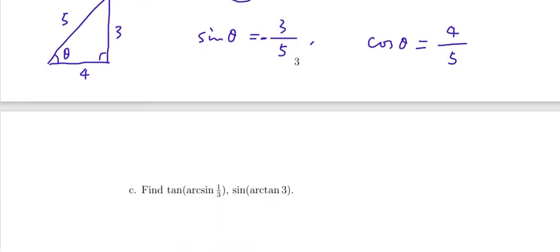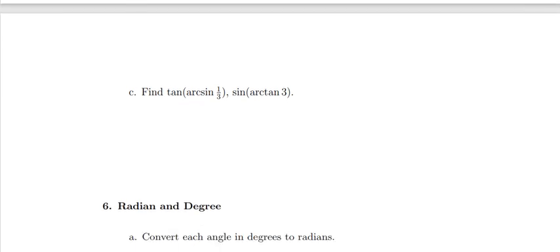For angles, we also can use arc sine, arc cosine, arc tangent, those things. Arc means those angles. Let's consider finding this value: tangent of arc sine 1/3.